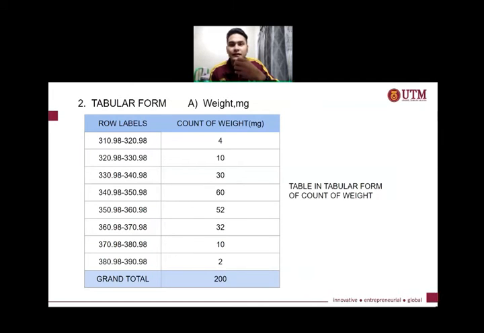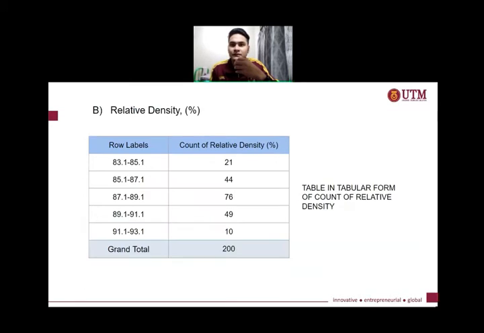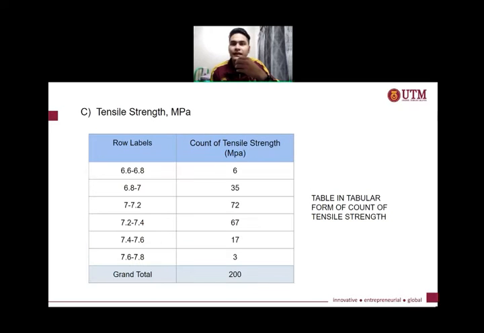This is data in tabular form in a frequency table, which is the frequency of weight. This is the tabular form for relative density, the frequency, and the count of relative density. Then this is the frequency of tensile strength and also the count of tensile strength.